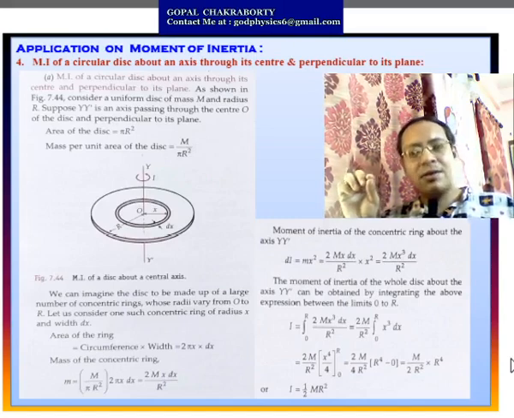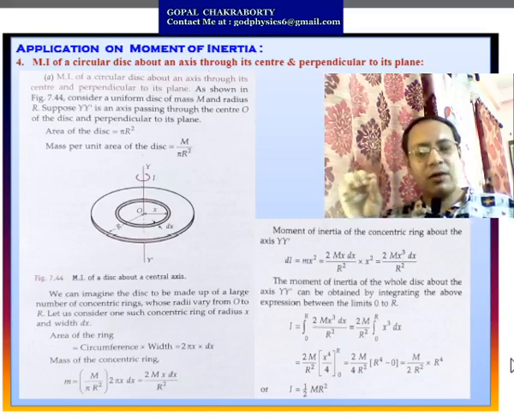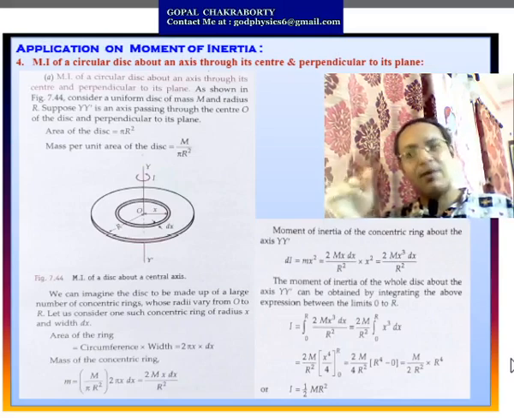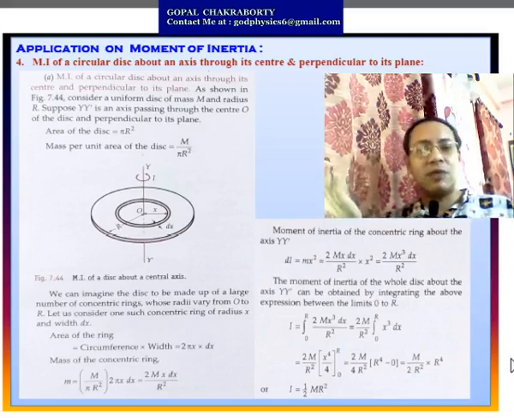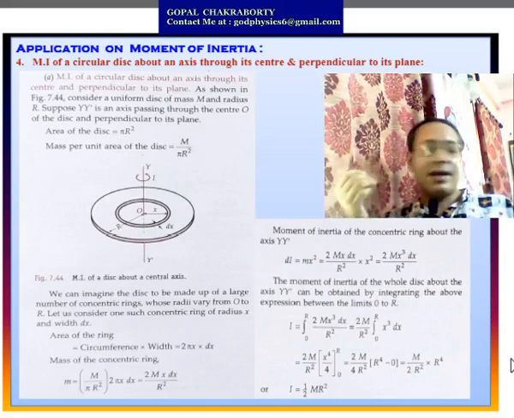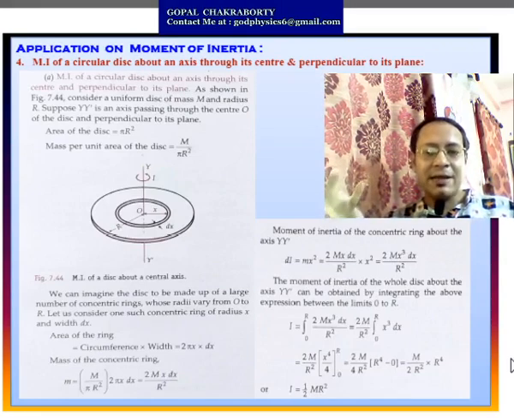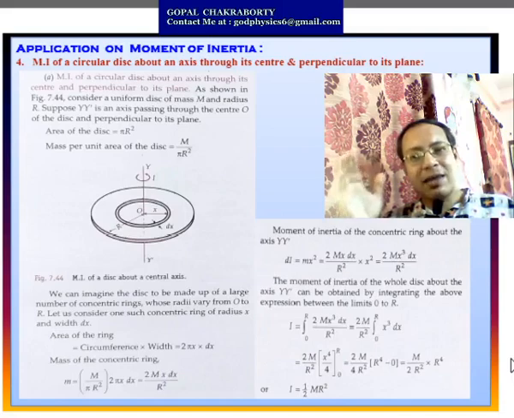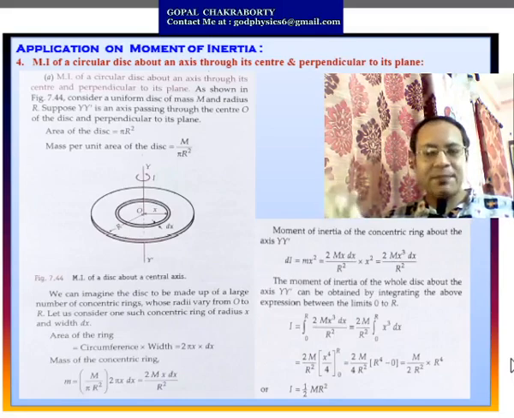Then you try to find out the mass of the ring, because in the last problem we considered the total mass of the ring and then found the mass per unit length. Here also, in the case of the disc, you consider the total mass as capital M. The mass per unit area of the disc can be written as M by pi r square, as it is a plate.